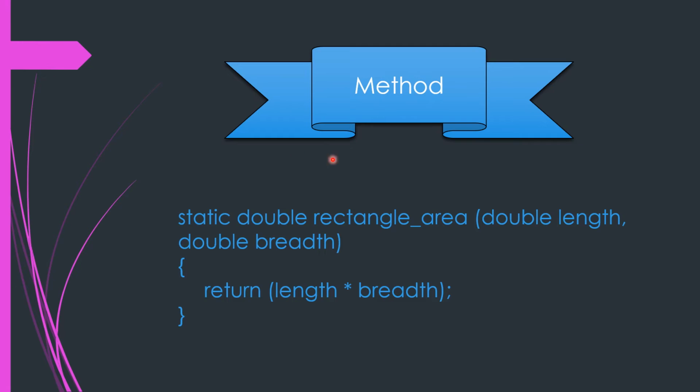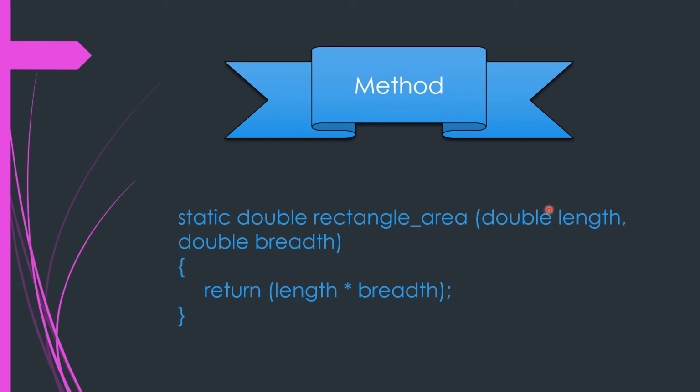Now this is the method that we are going to write and here you can see first of all it is written static. We will be discussing what is static. First of all let us discuss the remaining part. Double rectangle area. Double is the data type. Rectangle area is the method name. After it, in the round brackets, as we have discussed, we provide the parameters list and the parameters which are length and breadth.